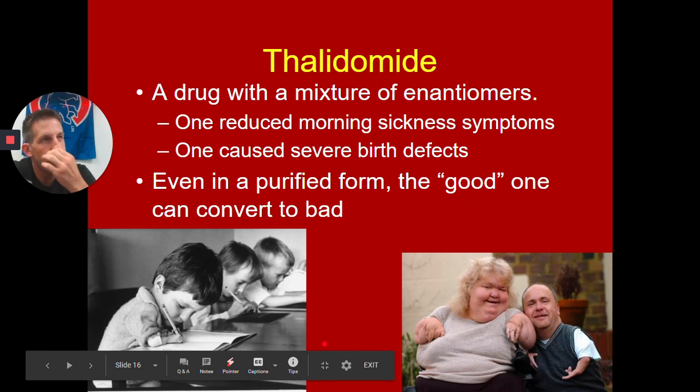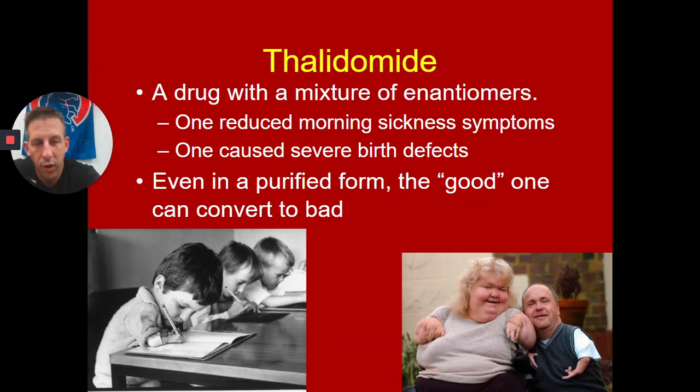I've done a little study on what it does, and somehow the oddly shaped one, the one that causes the birth defects, interacts with your genome or the cell during a certain stage of development, and that stage happened to be when the arms, legs, feet and things like that were forming. So you get kids who sometimes have no hands. They've got what almost looks like flippers, for a lack of a better term, for hands, and it was terrible.